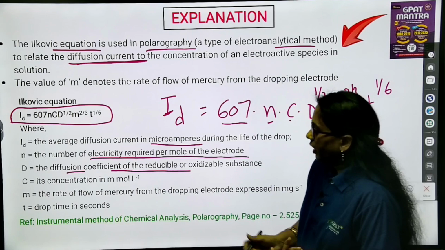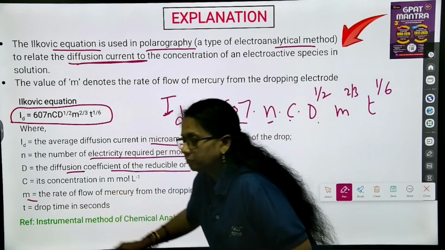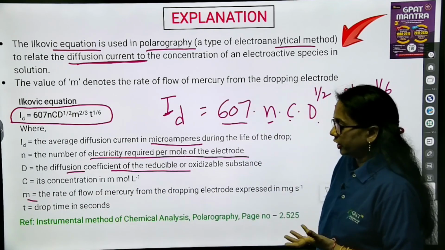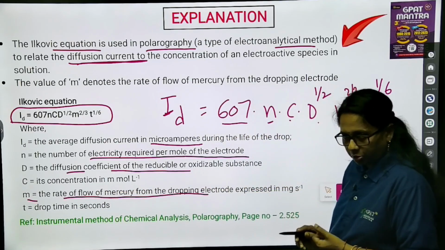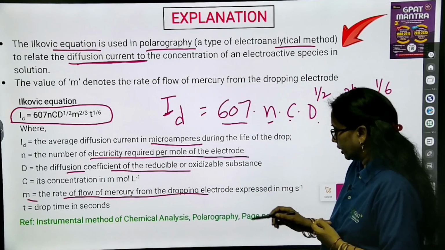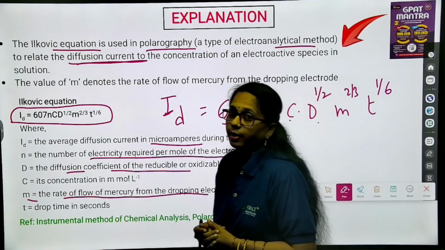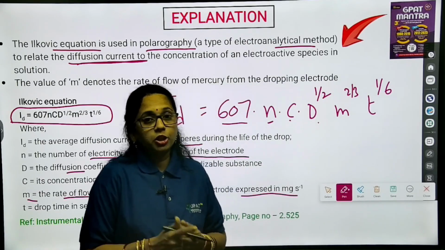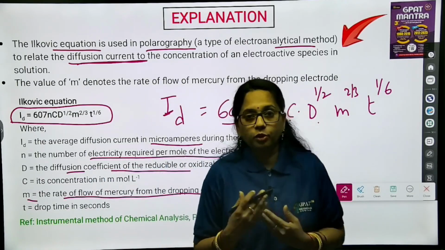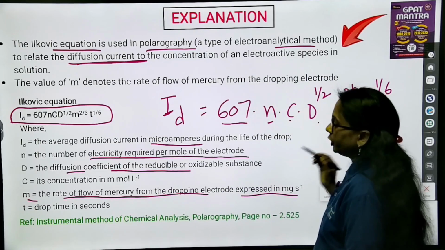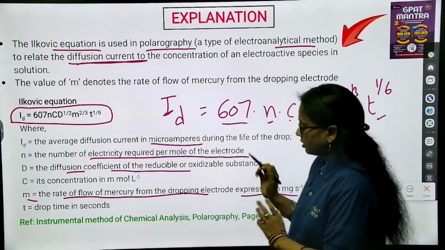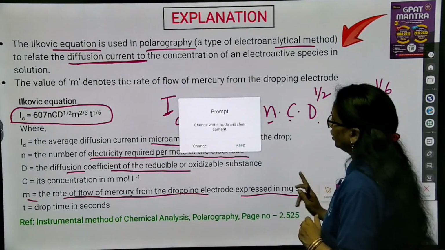And m, what is m? The question is asking about m only. Small m is the rate of flow of mercury from the dropping mercury electrode, expressed in mg per second. And small t is nothing but the drop time in seconds. So this is about the Ilkovic equation.